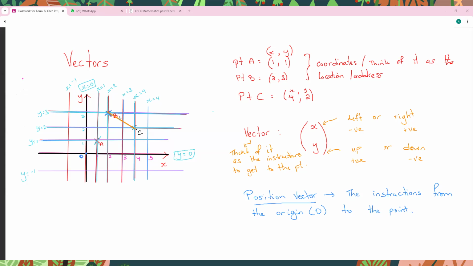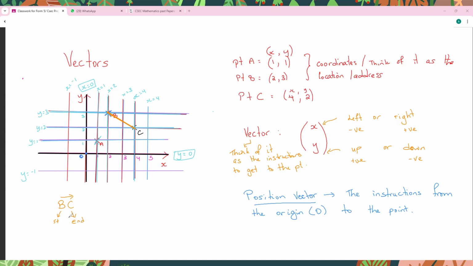So you want to move from B to C. Now, it's like you're asking, what are the instructions from B to C? That means you want to start from B and end at C.